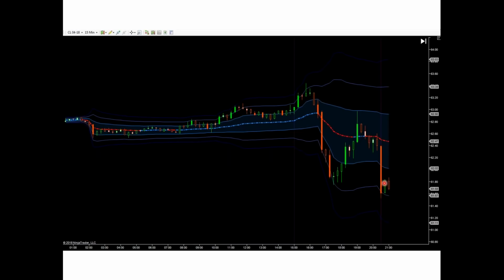Anything from the inside out is an inside out trade. And if you're here at the second standard deviation and you're going for, let's say that this is a reversal pattern, a spike, then you would take an outside in trade. Higher risk, obviously, but it's also something that you can consider.